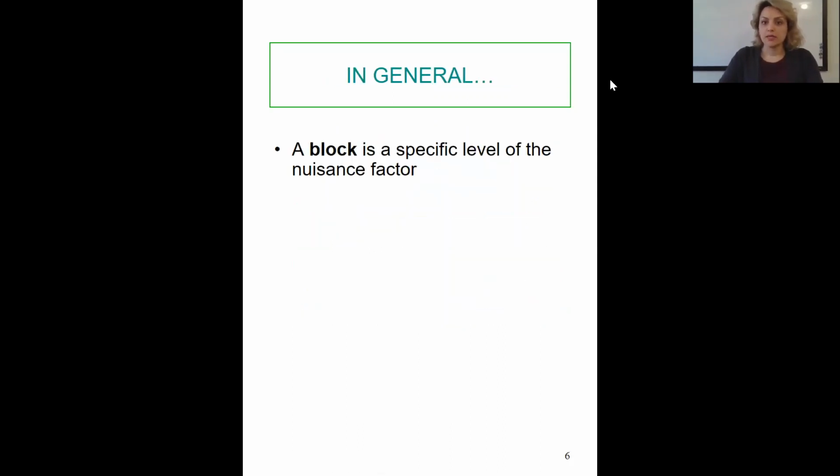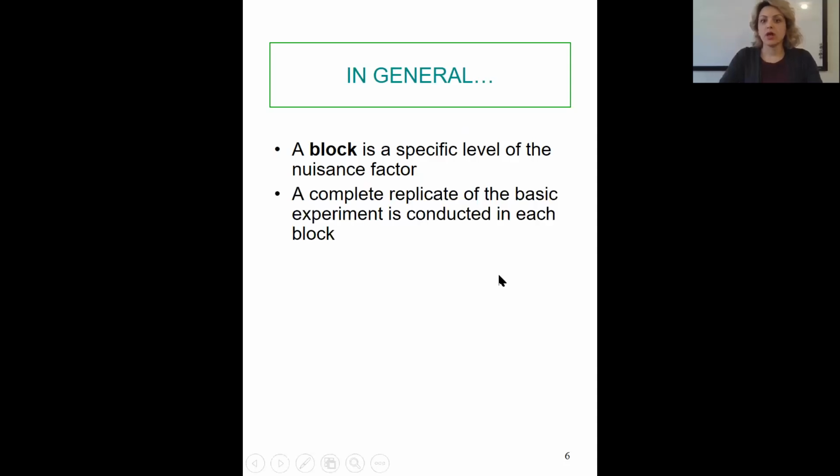A block is the specific level of the nuisance factor, as I said. In general, a complete replicate of the basic experiment is conducted in each block. I'm going to show you an example in one or two slides and you will see. When we say replicate, you're going to do the whole experiment.